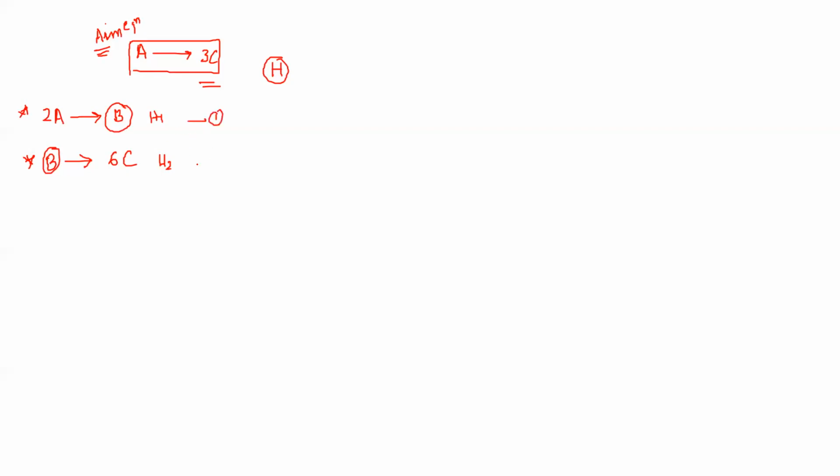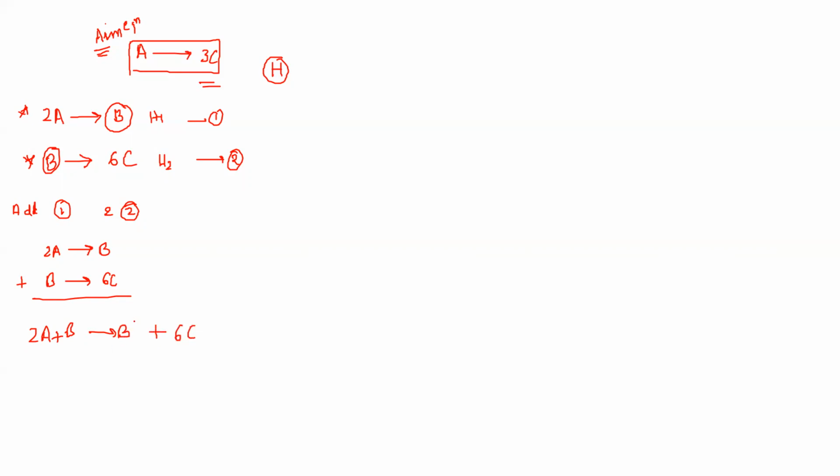Let's say this is reaction number 1 and this is reaction number 2. If we add 1 and 2, we get 2A gives B, plus B gives 6C. So the reaction becomes 2A plus B gives B plus 6C.